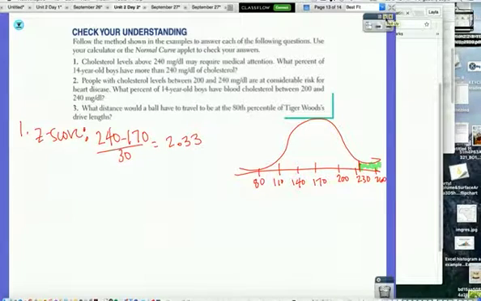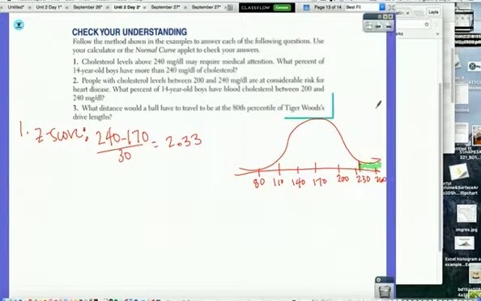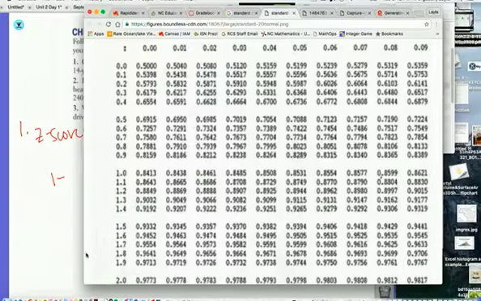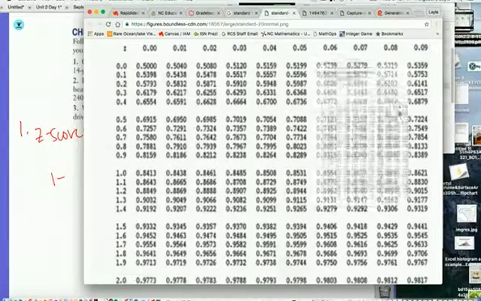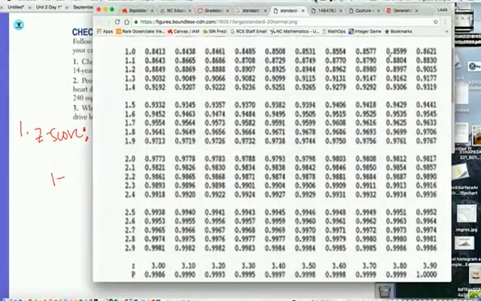So we know that our z-score for that would be 2.33. And we know that that's to the left. So what we're going to do is say the whole thing is 1, and we're going to subtract out the area that we would find under our curve in that part. So we would need to go to the positive side and go to 2.33.